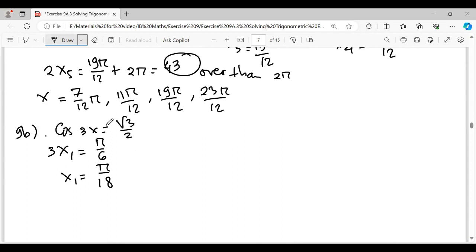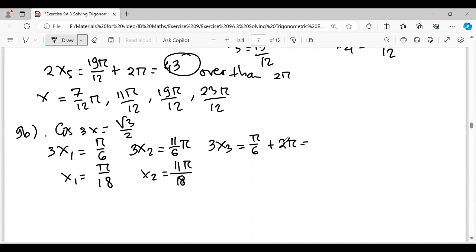So pi over 18 and 3x2 equals 11 over 6. So x2 equals 11 pi over 18. Now 3x3 equals pi over 6 plus 2 pi, 13.